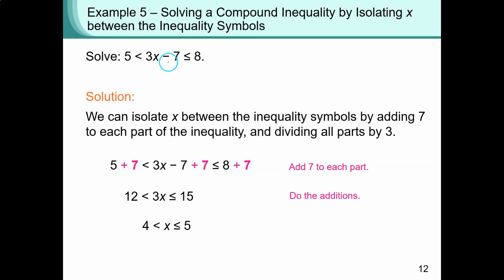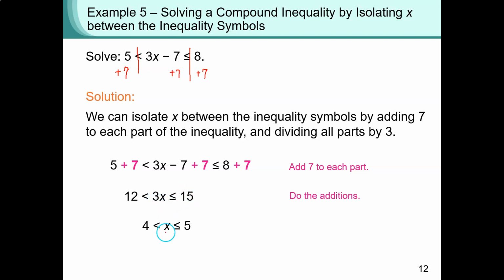The way we get rid of 7, we add a 7, right? So add a 7 to each interval because you have two inequality signs. When you add a 7 here, you have to apply the same number to each interval. And then you have 12 less than 3x, less than or equal to 15.